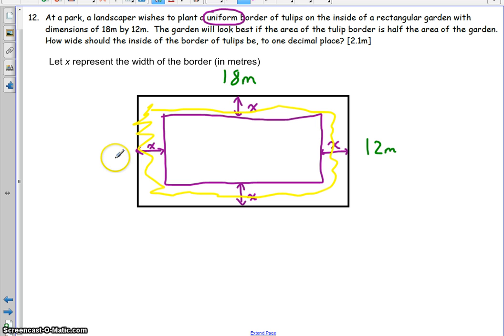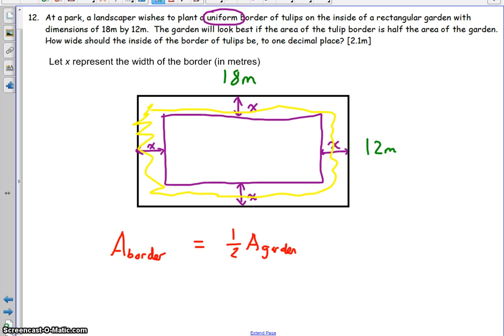So let's just think about the area of the border first. So we need the area of the border to be equal to half the area of the whole garden. Okay, so we need to figure out what each of these is.